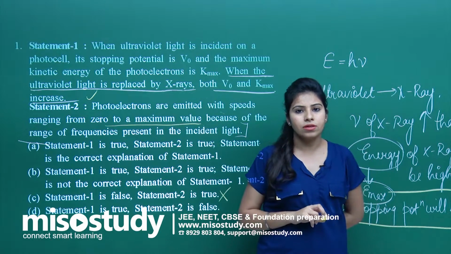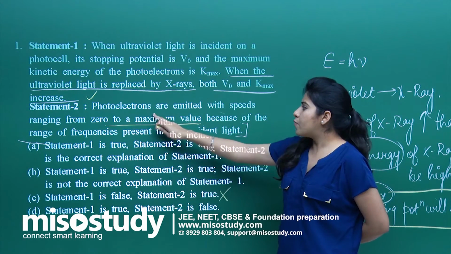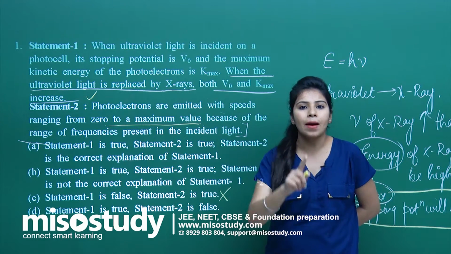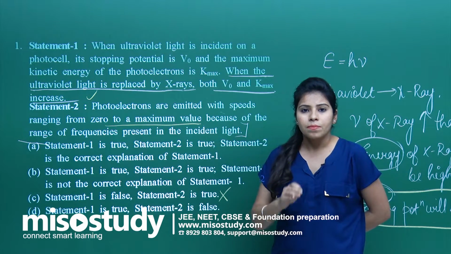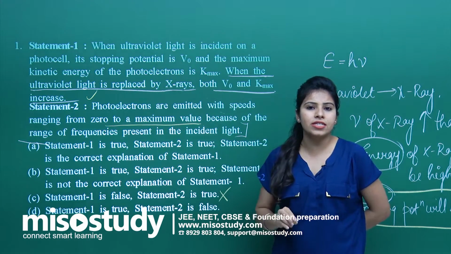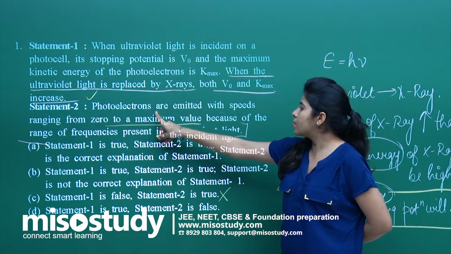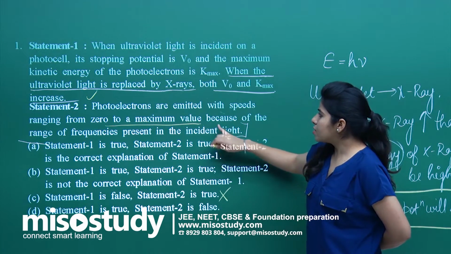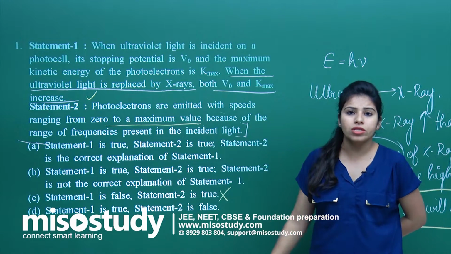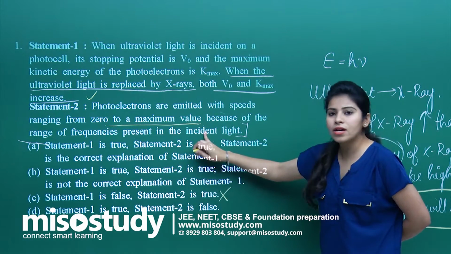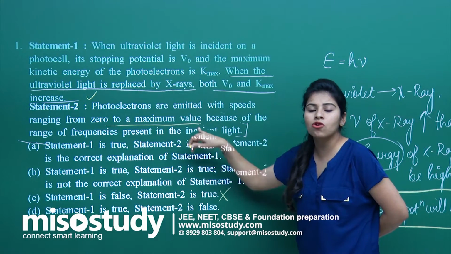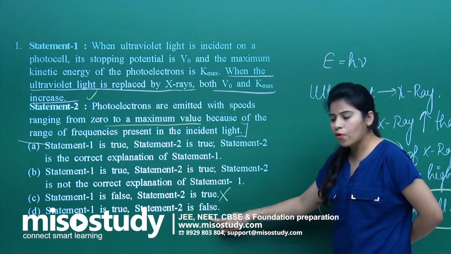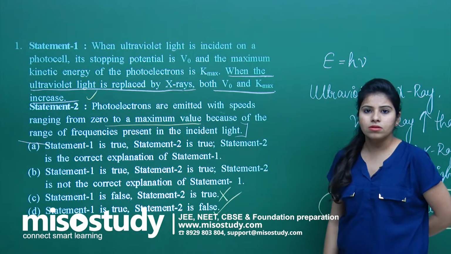This is not the correct reason, because the photoelectrons range from 0 to a maximum value because of collisions. At the time of collision, they lose their energy, due to which they range from 0 to a maximum value. So statement 1 is true, but statement 2 is false, because it is not the correct reason for the statement. So we can write statement 1 is true and statement 2 is false. So this is the correct answer, right?